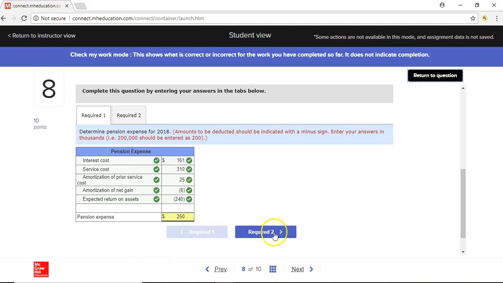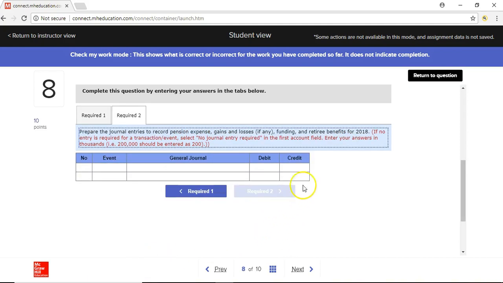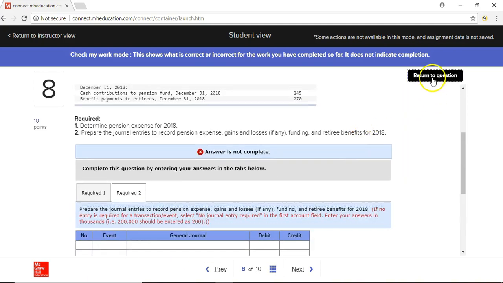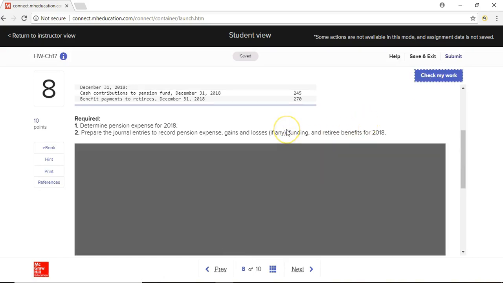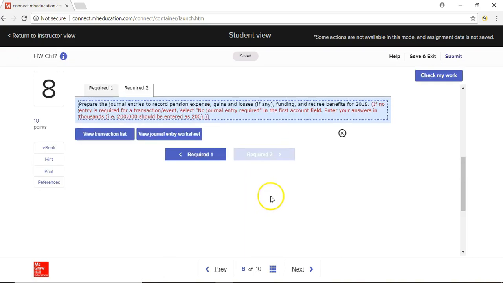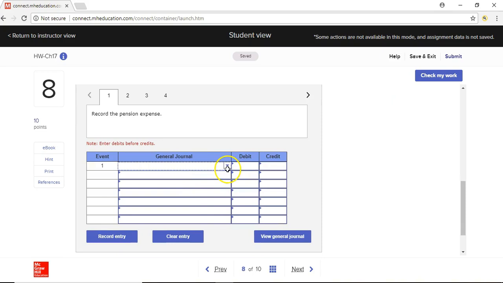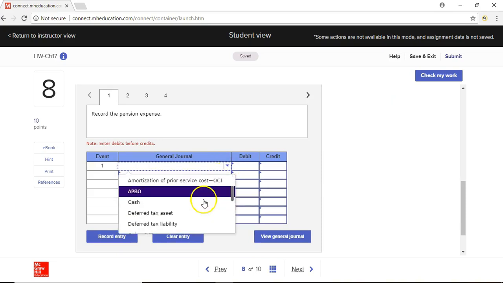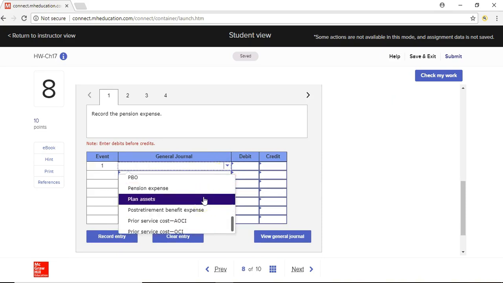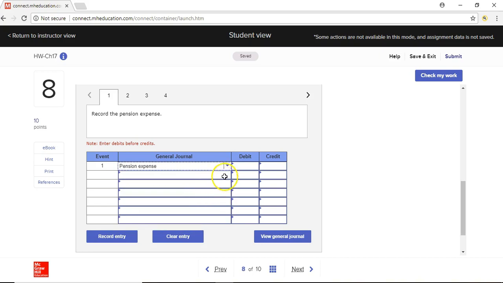Go to requirement 2. Journal entries question is to record pension expense. So we put pension expense on the debit side and leave it blank because that will be the last plug-in.